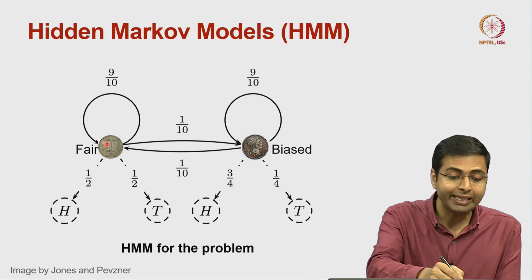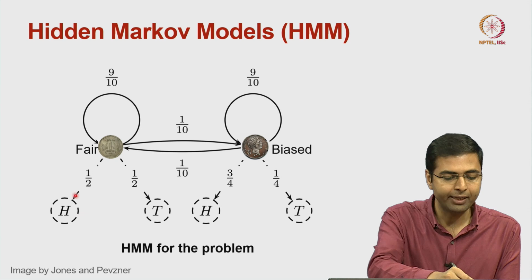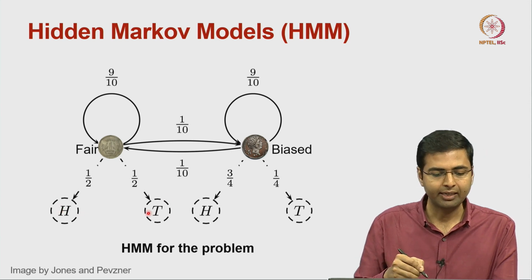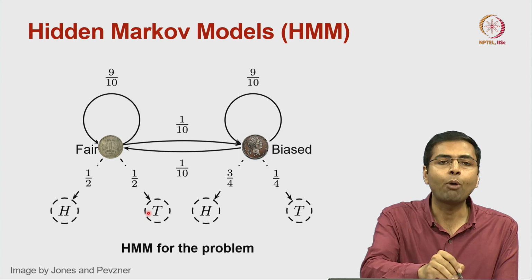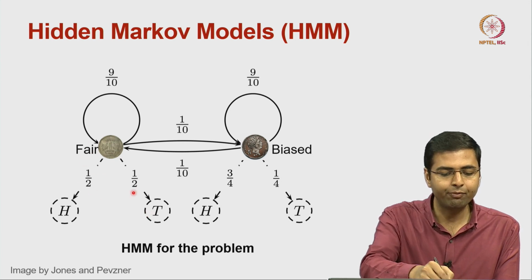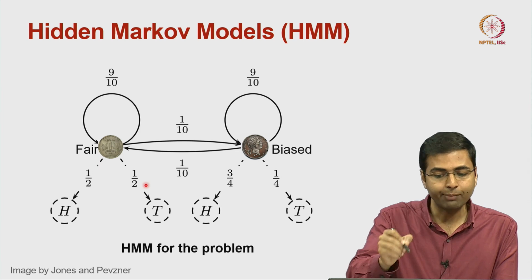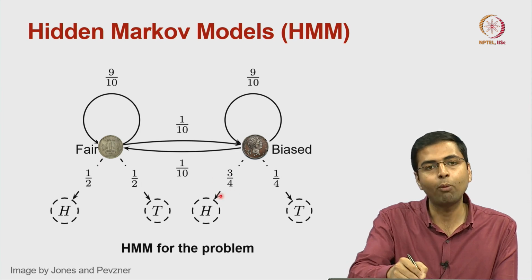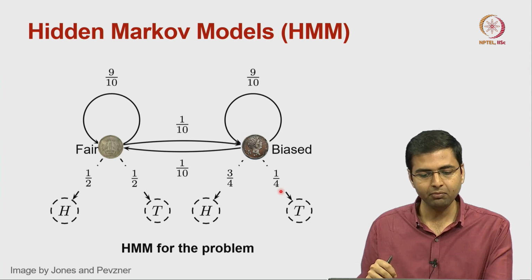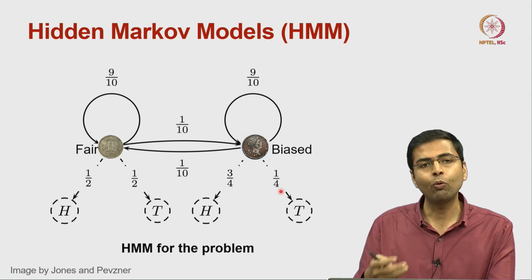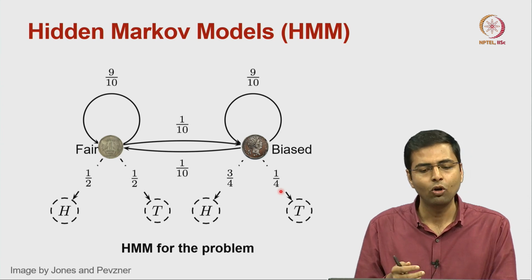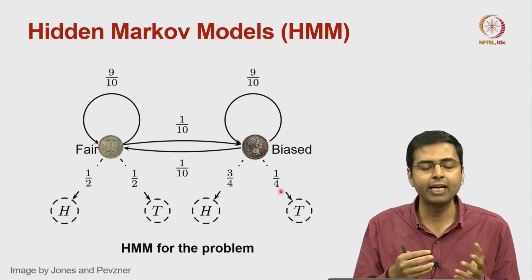And observe that at each state we emit symbols from the alphabet, that is H or T, with some probability distribution. At the fair coin we are emitting them with equal probability, and at the biased coin we are emitting heads with probability 3/4 and tail with probability 1/4. This is how one can visually look at these hidden Markov models, and this is the common practice of drawing them.